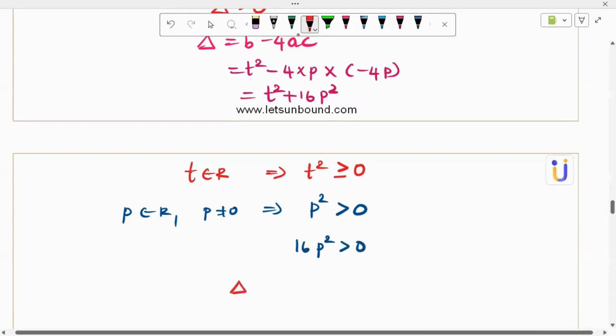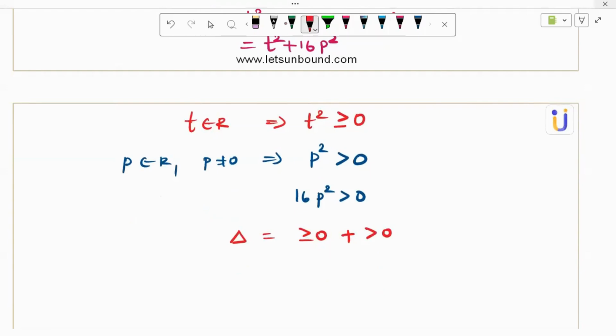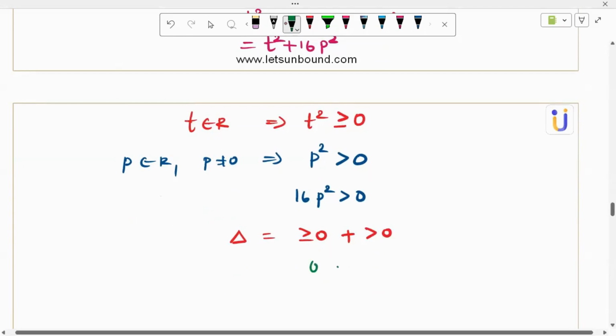So my delta is: the first value is greater than or equal to 0, plus the second value is greater than 0. This is just for explanation, you don't need to mention this. The reasoning is that the first is sometimes 0, and the second is greater than 0, for example 1 or something. So for sure it's going to be strictly greater than 0.